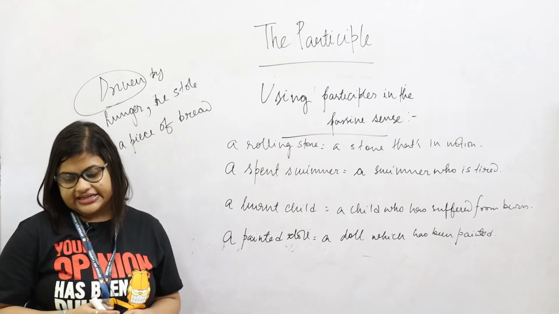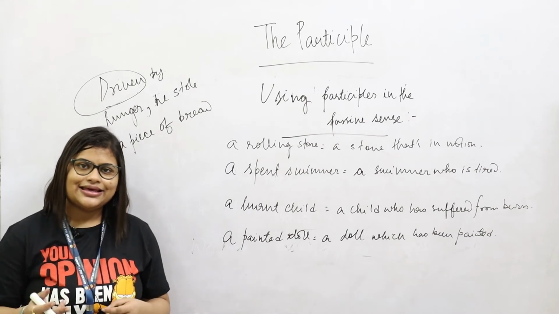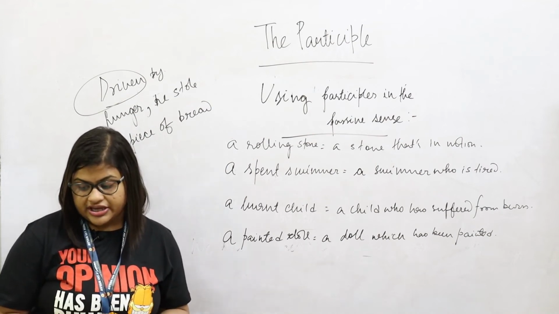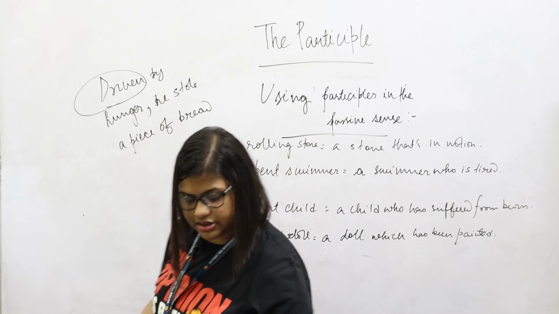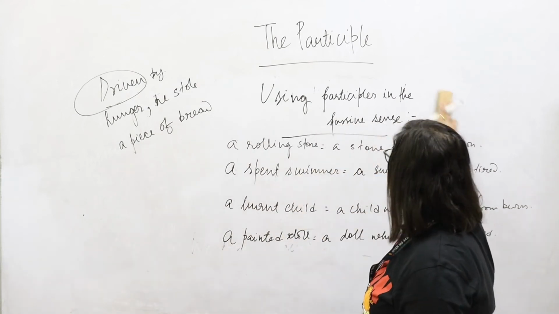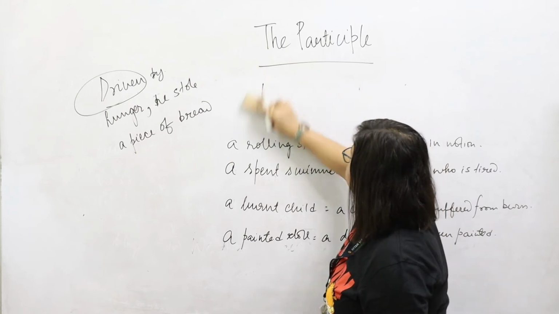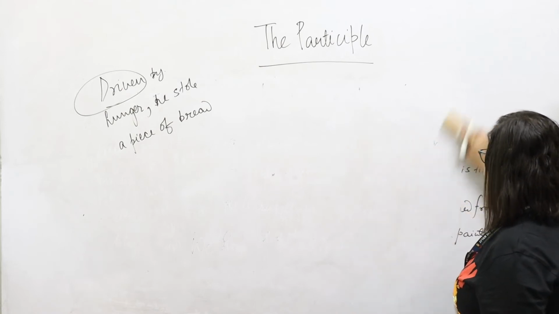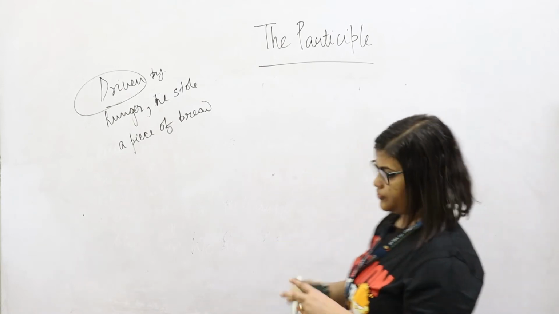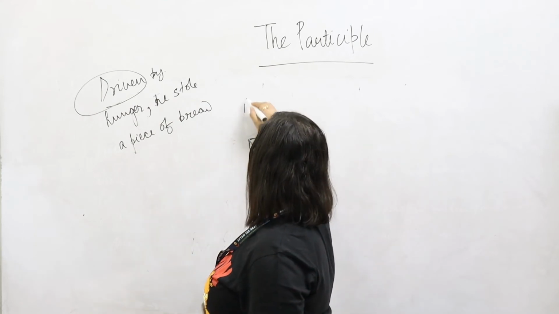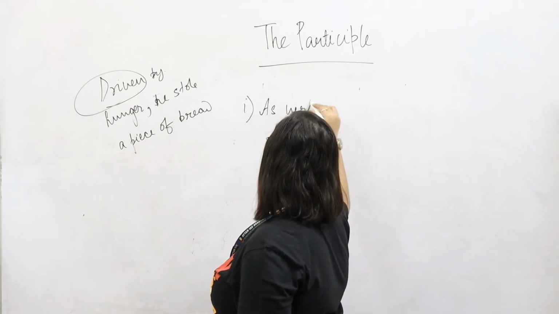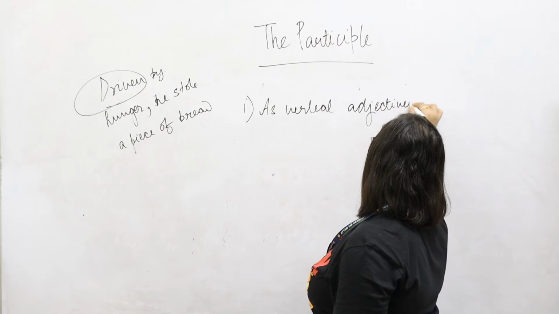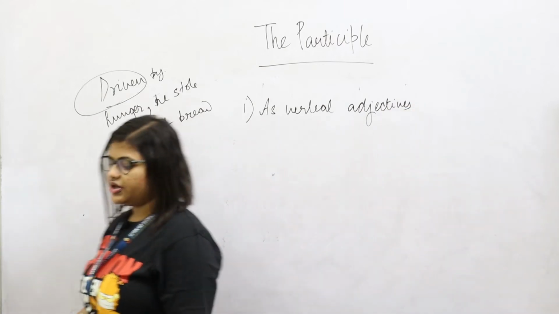So now let us go into a little more detail and recapitulate what we had learnt about using the participles. In a participle, the first thing would be participles are used as verbal adjectives, like as we said, a rolling stone gathers no moss.